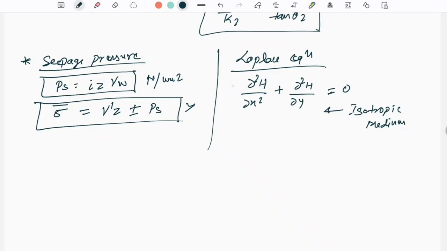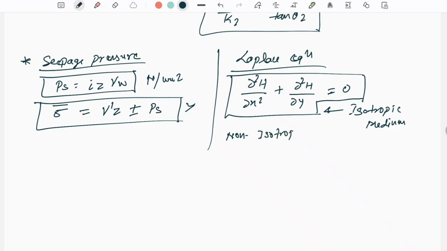So for an isotropic medium, del square H divided by del x square plus del square H divided by del y square is equal to 0. And for a non-isotropic medium, this equation becomes Kx into del square H divided by del x square plus Ky into del square H divided by del y square is equal to 0.